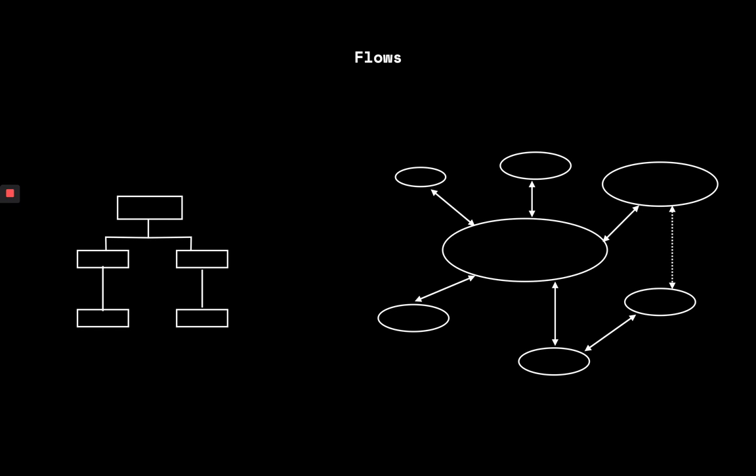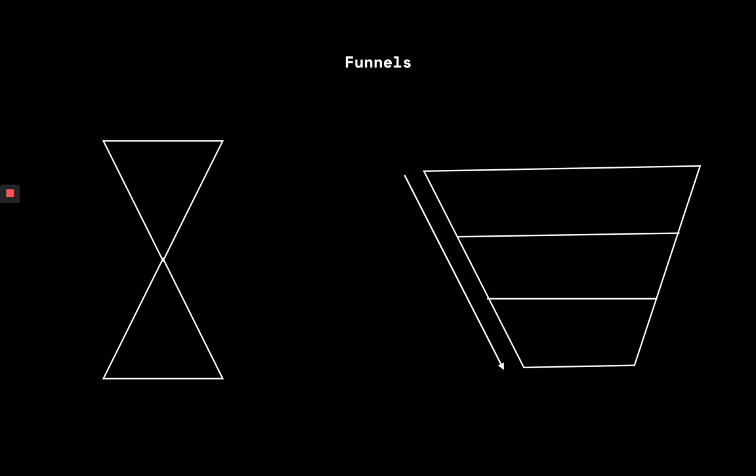And flows, we can look at from a hierarchical perspective. It could be a hierarchy, or it could be just the interconnectedness that is being shown. Probably there is a dotted connection, a direct connection, a solid connection. All of these things can be discussed with flows. And funnels are used to represent anything that starts big and filters smaller.